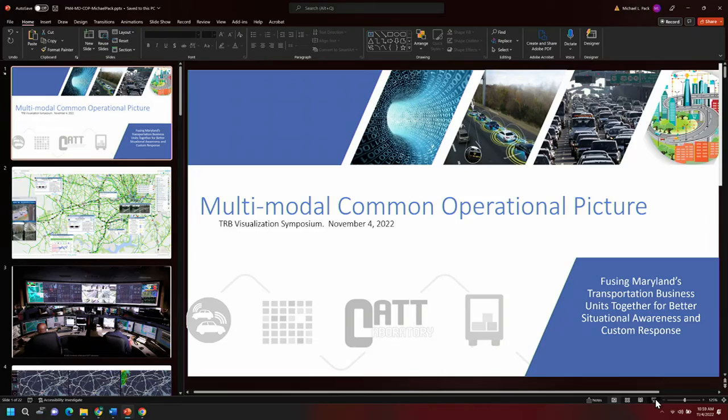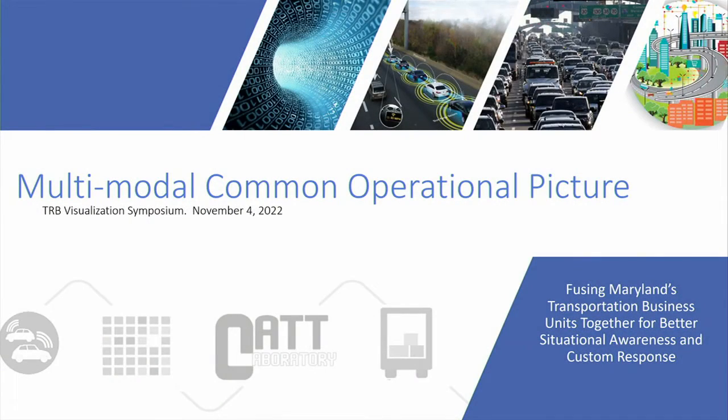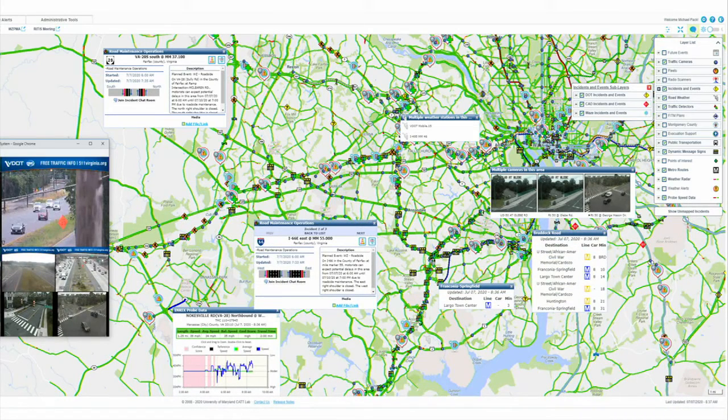I'm going to be talking about a project that we did for the Maryland Department of Transportation to try to combine the different modal units that they have. Whenever anyone's seen me present, I usually talk about our RIDIS platform.